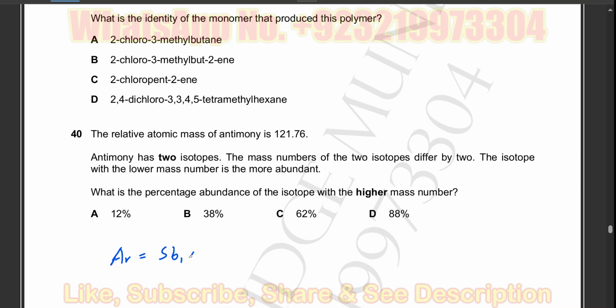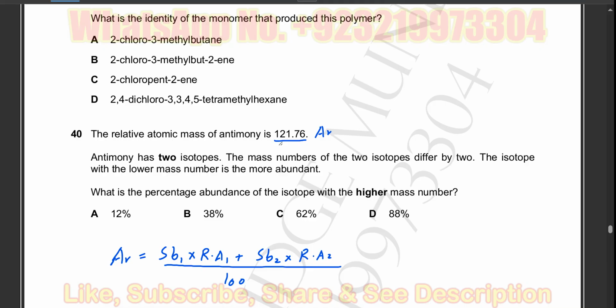Sb1 with its relative abundance, plus the second isotope with its relative abundance, and they are multiplied with each other and divided by 100. This gives the value of relative atomic mass, which over here is the value of Ar.